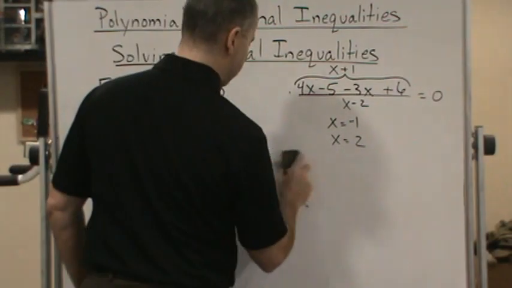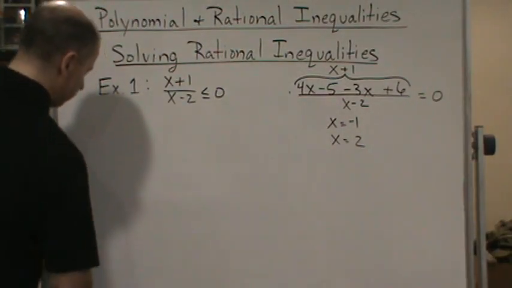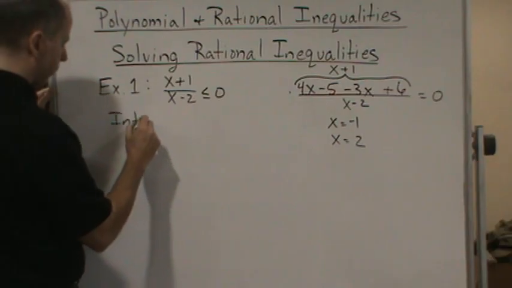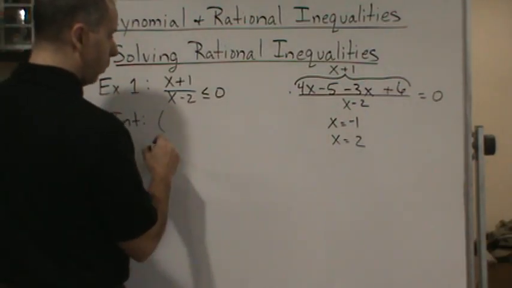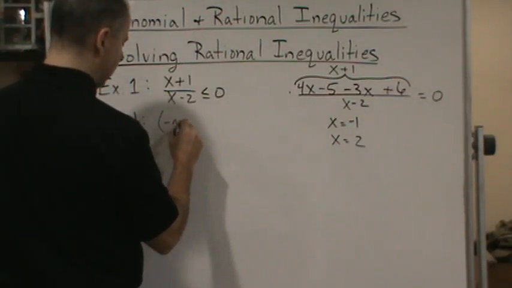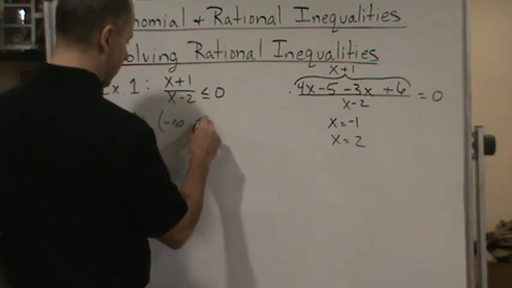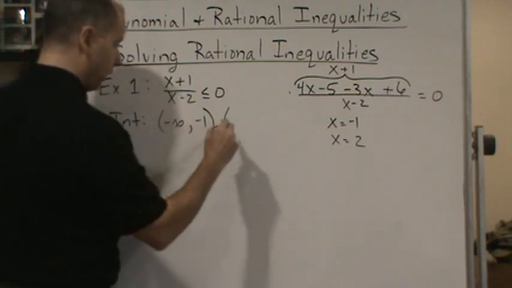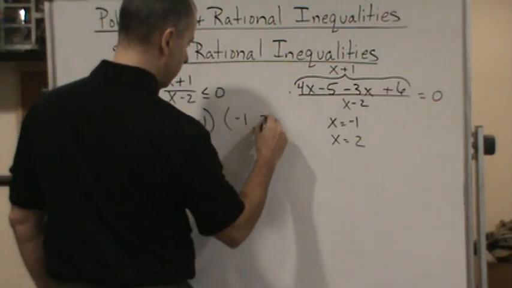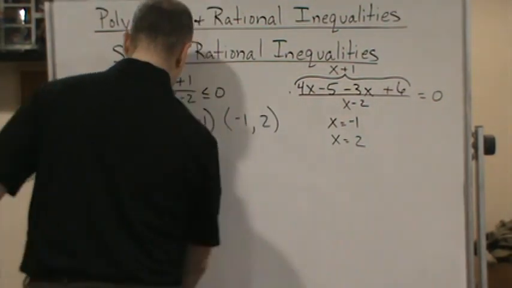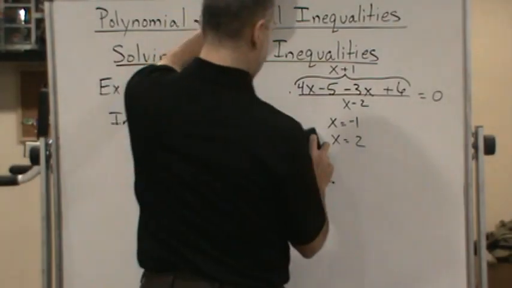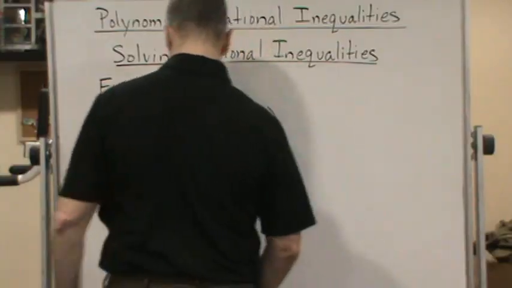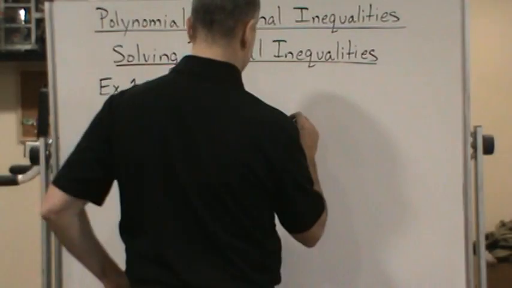We've got our boundary points here, so let's set this up. So we have our intervals. One interval is going to be from negative infinity to negative 1. And then another interval is going to be from negative 1 to 2. And then another interval is going to be from 2 to positive infinity.